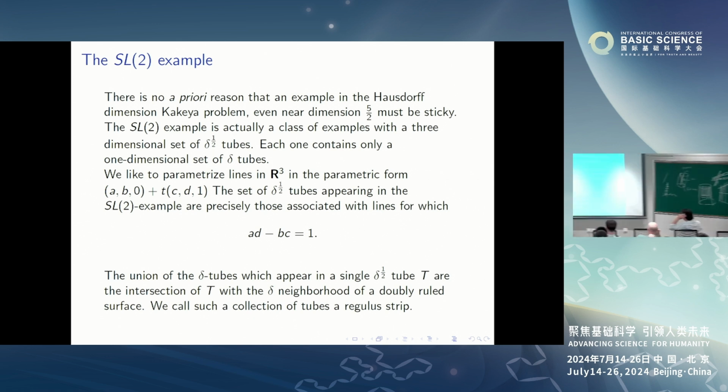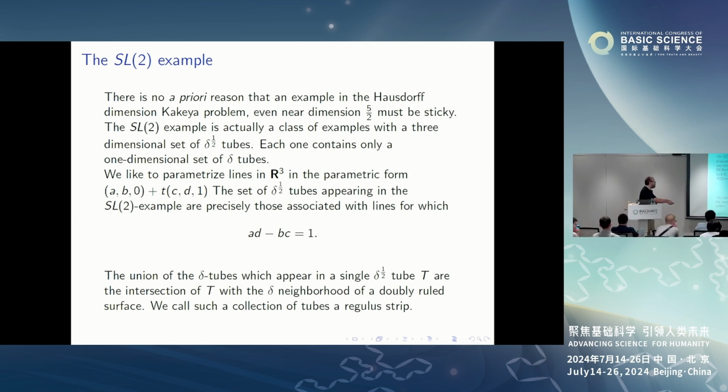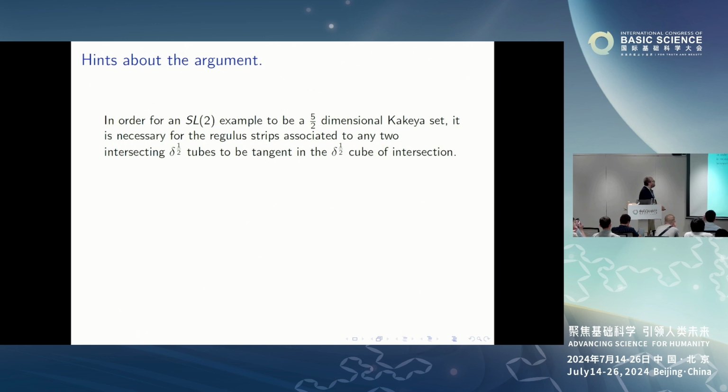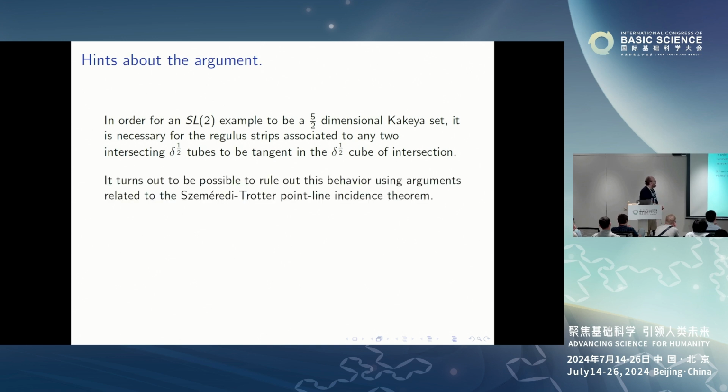The union of delta tubes which appear in a single delta to the 1/2 tube are a regulus strip, and in order for this to be a 5/2 dimensional Kakeya set, it's necessary for the regulus strips associated to any two intersecting delta to the 1/2 tubes to be tangent in the delta to the 1/2 cube of intersection.